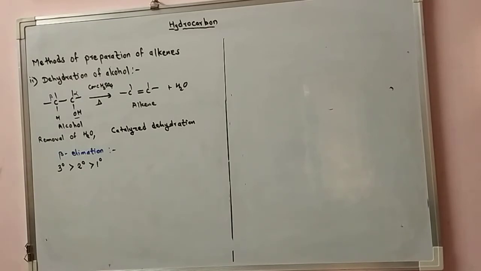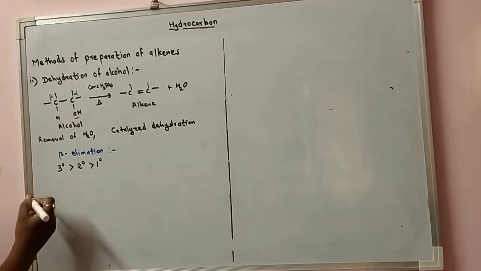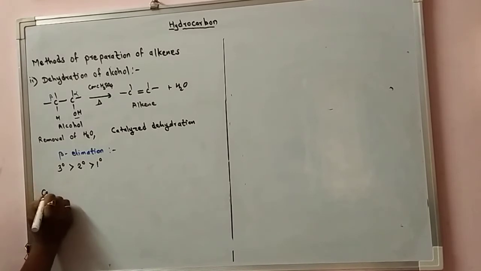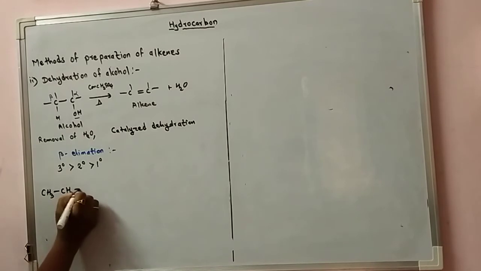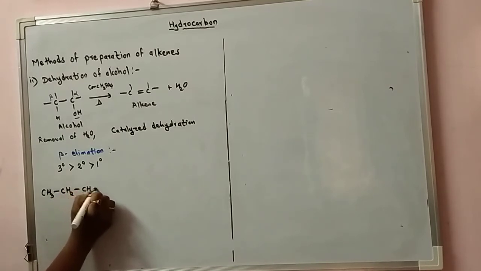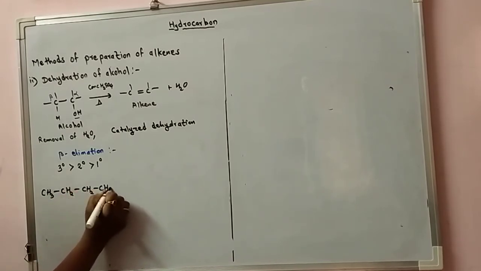Now let's see the example, butane 1-ol. So the starting compound is alcohol, butane 1-ol. This alcohol is CH3, CH2, CH2, CH2, OH.